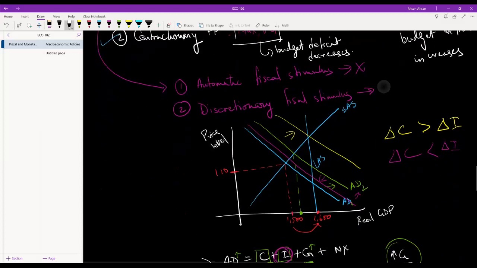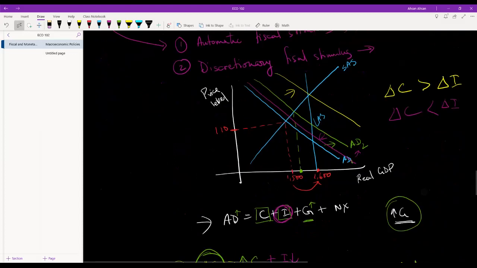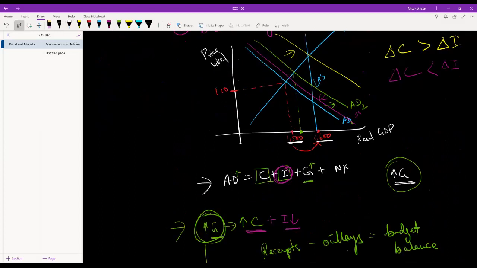After that, we took a look at this one example where the economy was operating beneath potential GDP, which may be called an inflationary gap. You've all learned this in the AS-AD chapter. And so what the government wanted to do was go from low GDP to high GDP. And to achieve that, in this example, what the government decided to do was increase their expenditure.